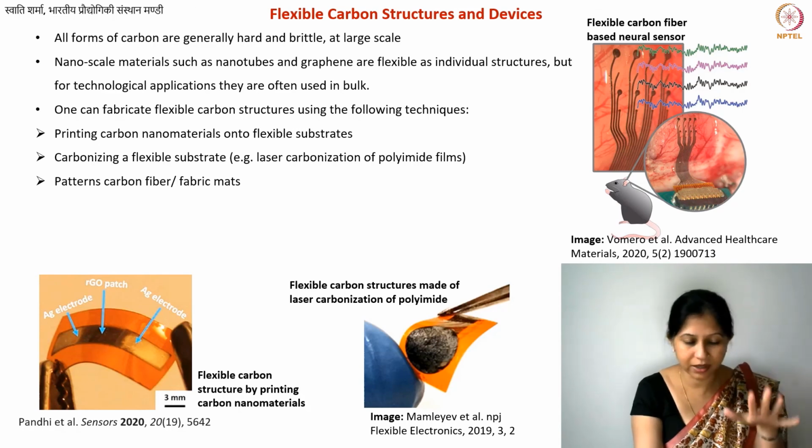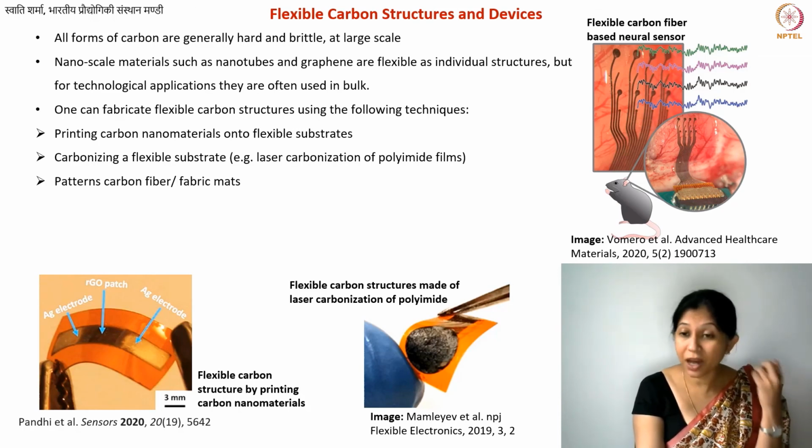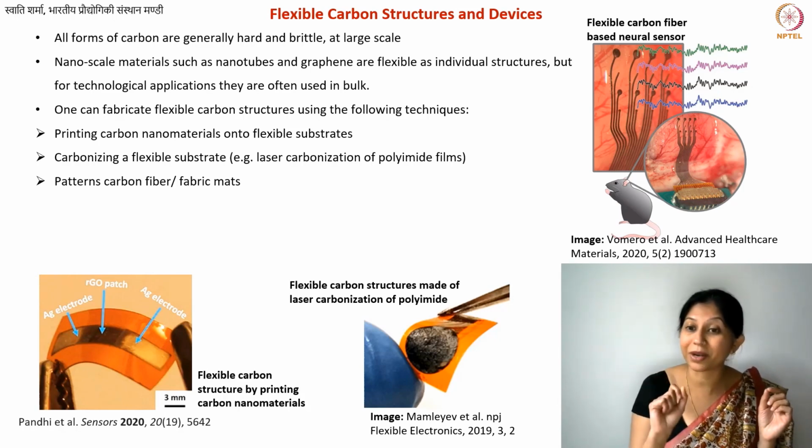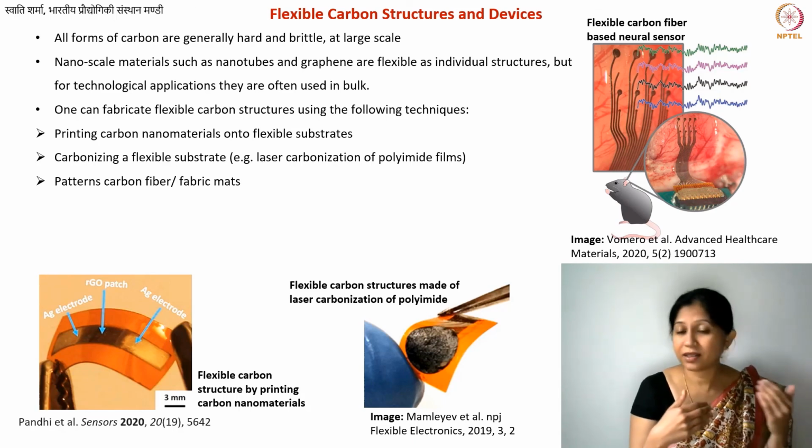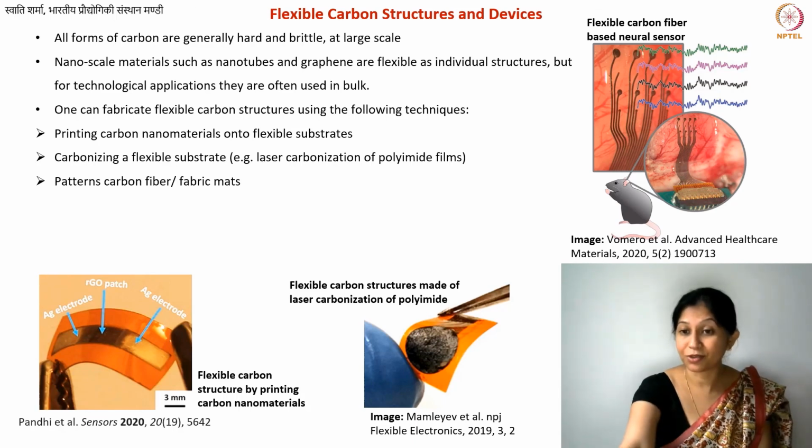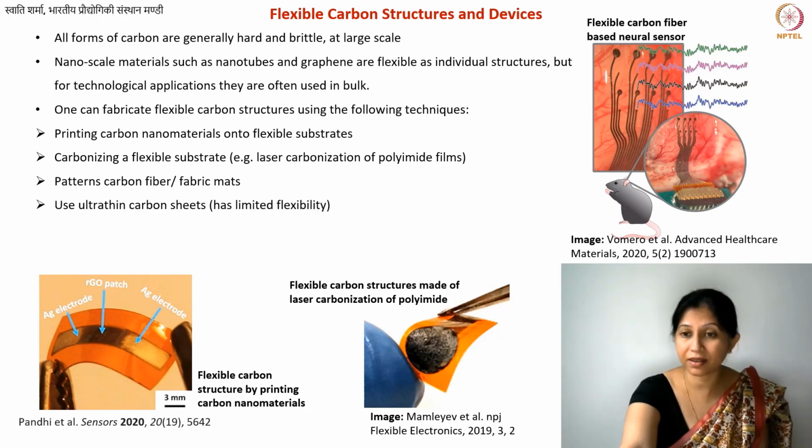You may have to mask your structures with certain metal masks even, and then perform reactive ion etching and so on. But it is possible. So here is one example where you take this carbon cloth like structure and pattern it in the micro scale, and then make this very highly flexible device out of it. So this is a neural sensor made using this kind of carbon fabric. So this is another technique.